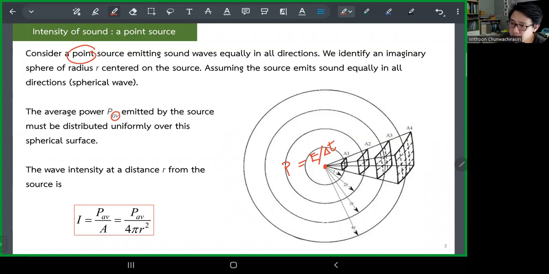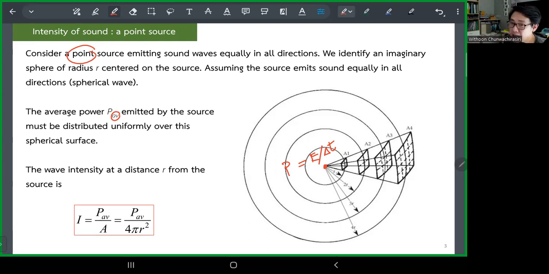So sometimes they put an average just to indicate that in detailed analysis it's going up and down, but we average out into a single number. So we can speak of the source in terms of, hey, the source comes with a power, ready to give off the energy.